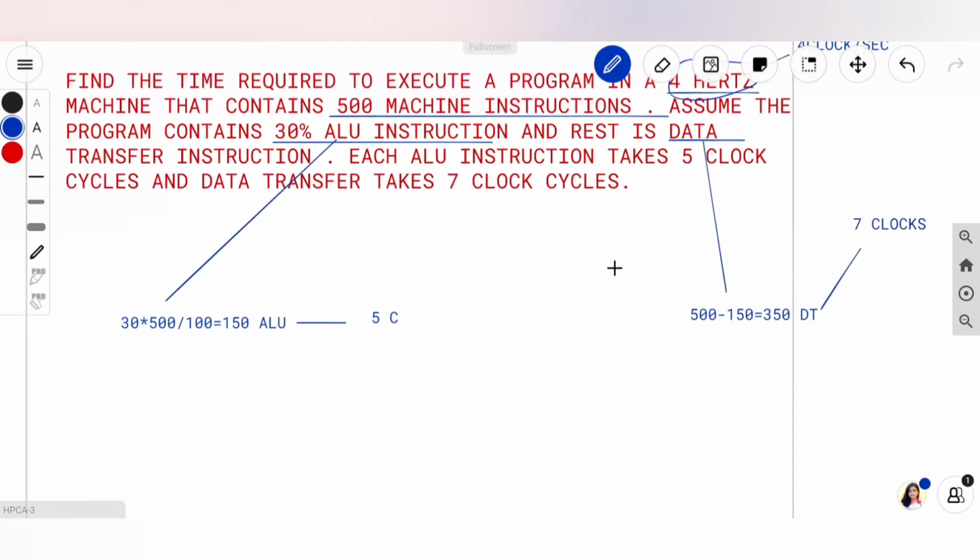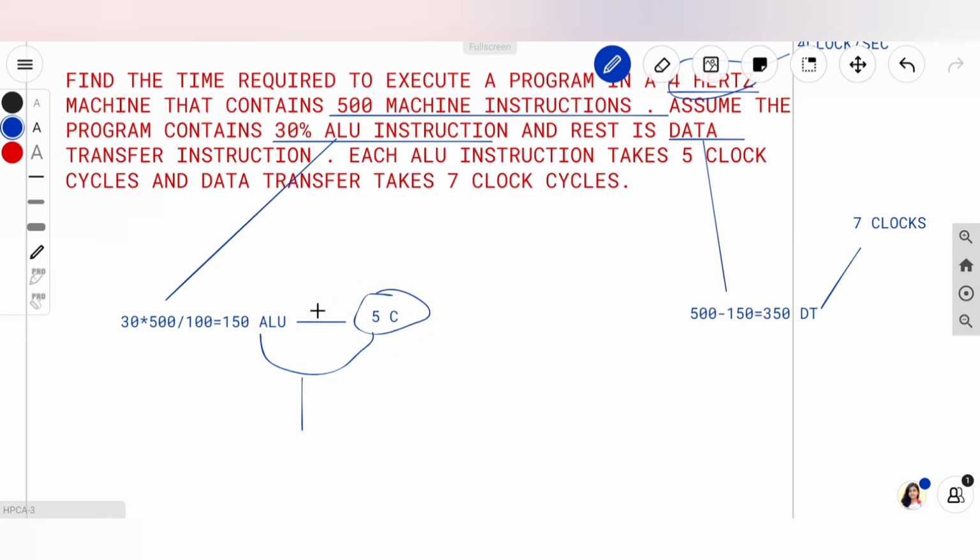We'll calculate the total clock cycles required for the ALU instructions. Each ALU instruction requires 5 clock cycles, and there are 150 ALU instructions. So the total number of clock cycles required is 150 into 5, that is 750 clock cycles for ALU instructions. For data transfer instructions, each requires 7 clock cycles, and there are in total 350 data transfer instructions.